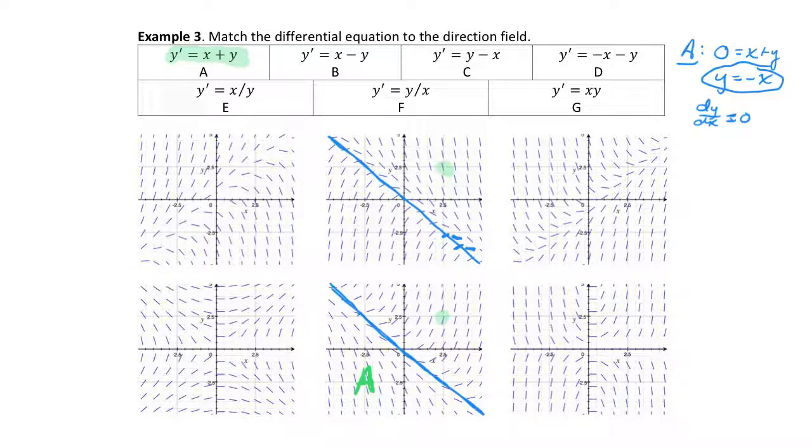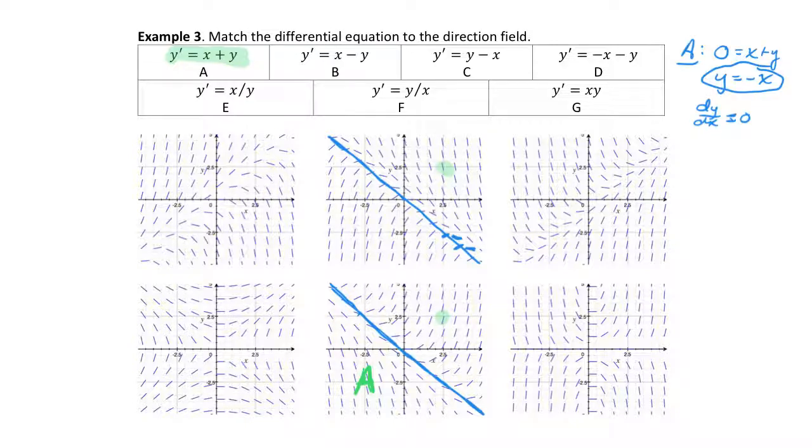Okay, now I'm going to reverse engineer things. I know I have 6 direction fields, but I have 7 differential equations. So I'm going to see if there's another differential equation where when x is the opposite of y, I'll get 0. Well, in part B, if x is the opposite of y, I would have negative y minus y. That would be negative 2y. That doesn't work. If I've said x is the opposite of y, really y is the opposite of x. If y is negative x, I'd have x minus negative x or x plus x. That doesn't work.